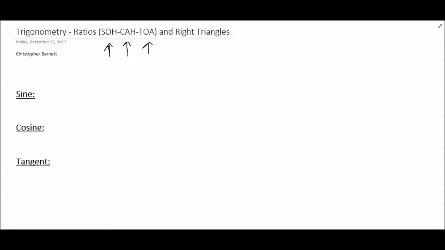is nothing more than the ratio in any given triangle of, let's say we have a right triangle right here, and let's just say that's A, B, and C. Sine is nothing more than a ratio of opposite, I'm going to abbreviate it OP, over hypotenuse. I'm going to abbreviate it HYP. That's pretty simple, right?